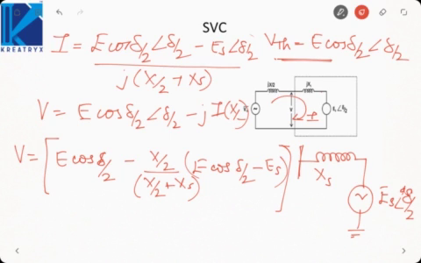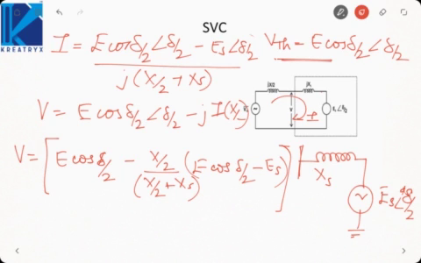Now to determine the power transfer, since the SVC is not consuming any real power, the real power in the transmission line will be the same. So whether you calculate real power between the sending end and midpoint or midpoint to the receiving end, that must be the same, because no real power will go into the SVC. So whatever real power is coming from the sending end to the midpoint will be the same as the real power going from the midpoint to the receiving end.